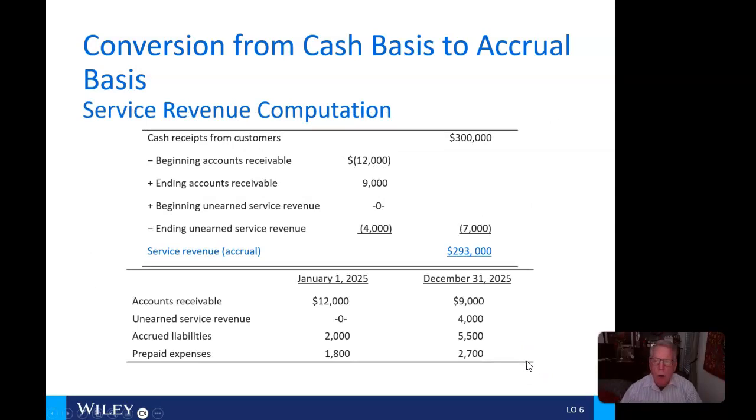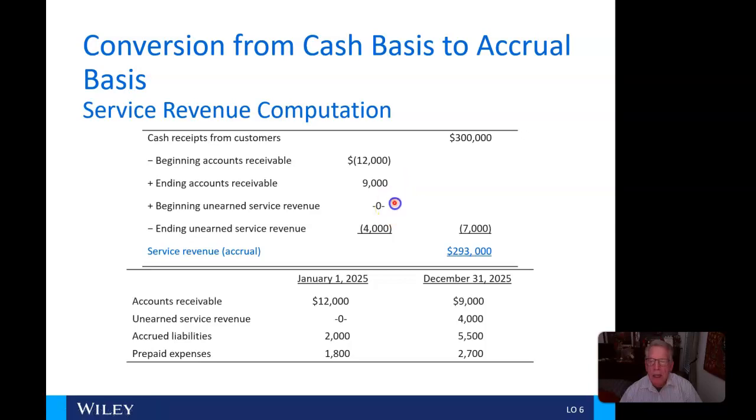So how we're going to do this is we're going to go up here and we have $300,000 cash receipts. Our beginning accounts receivable, assuming they've all been collected, we're going to back all that out. We're going to add the ending accounts receivable because we haven't collected that yet.